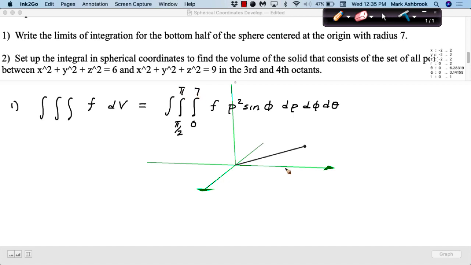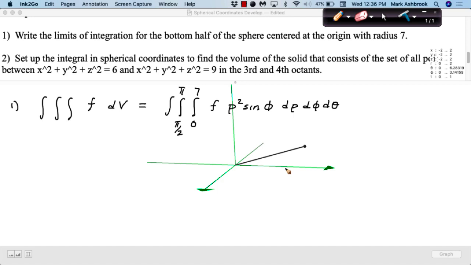What does phi equals pi over 2 give? What set of points is that? Phi equals pi over 2. I heard the xy plane. So if I haven't specified theta, that means it's in every direction theta, right?